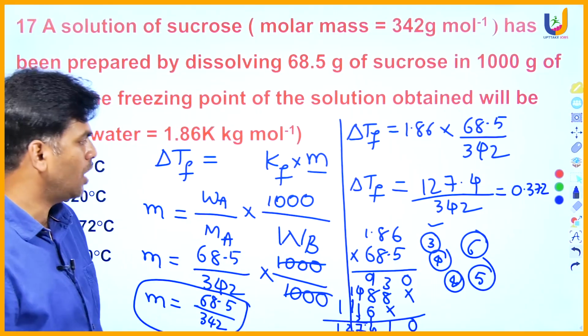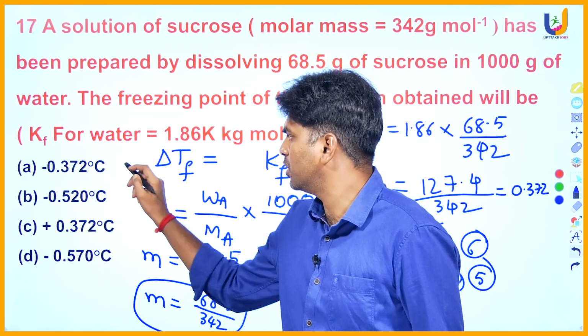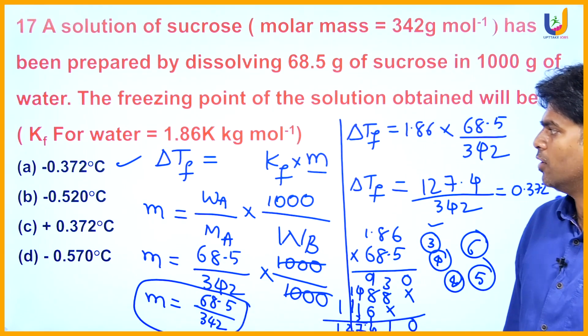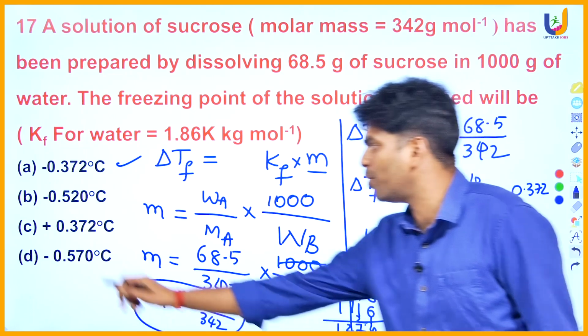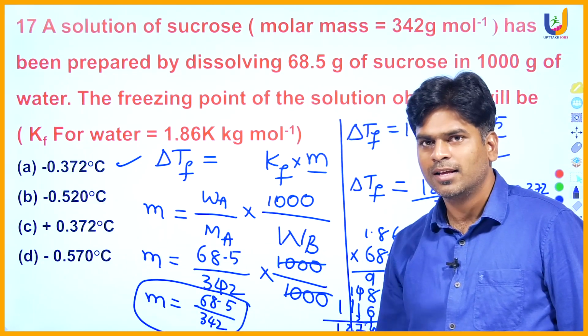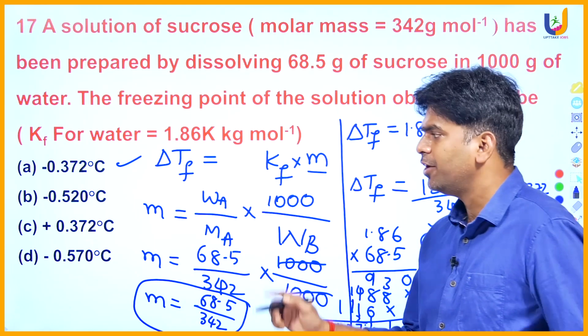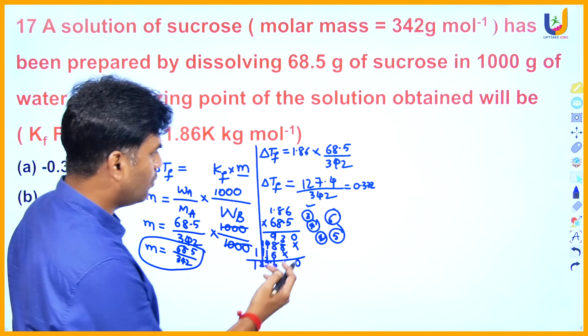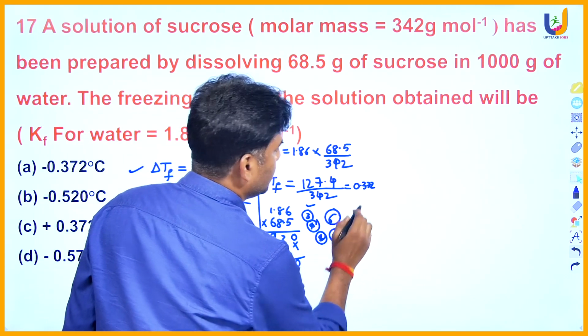As per option 1, 0.372 degrees Celsius. Sir, there is positive and there is negative here, how can you choose a negative value? For that we need to do the subtraction. How? Let's see. Finally we are getting 0.372.